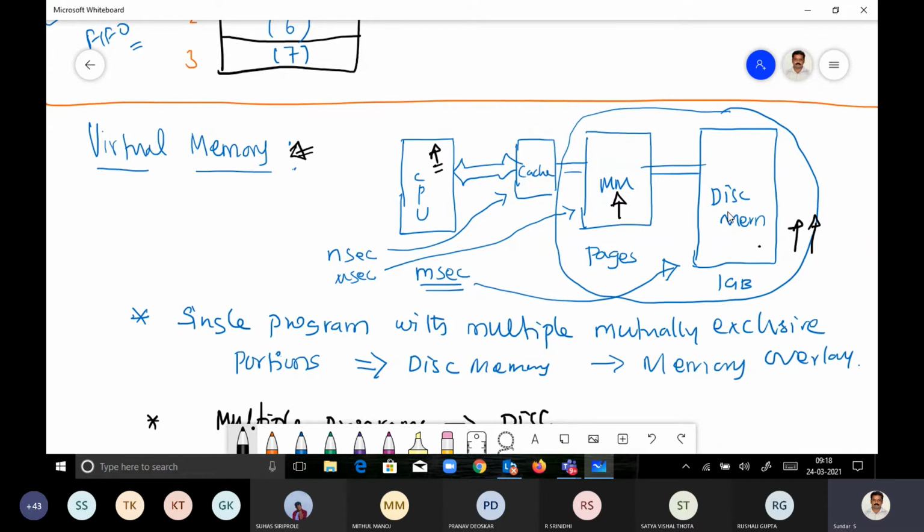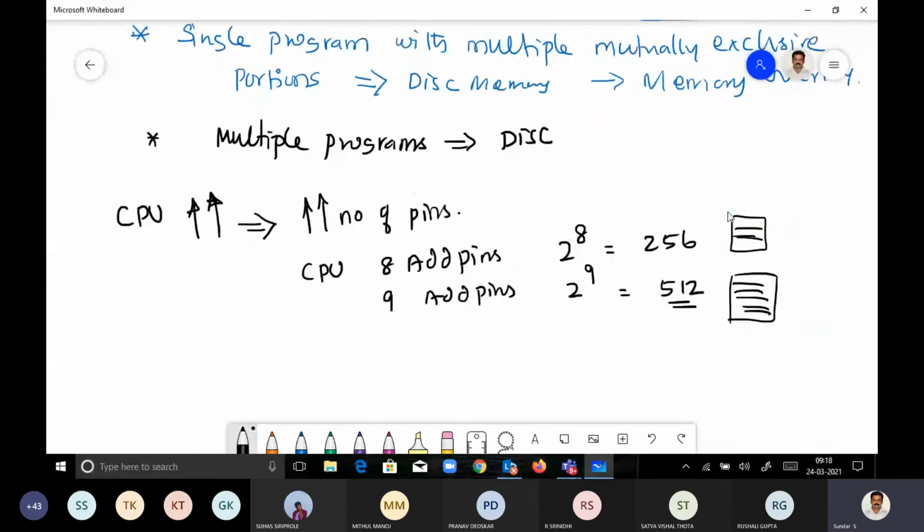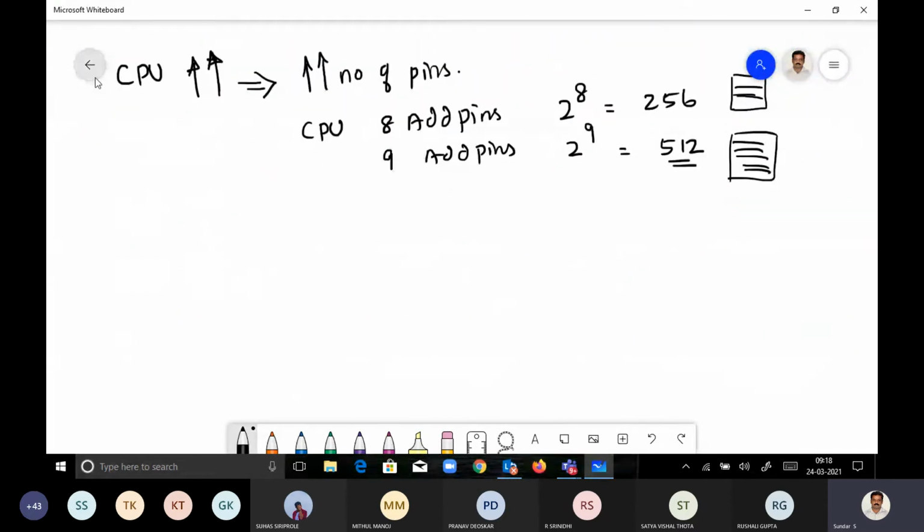Yes. Now let us go to the discussion. So the point is that the number of pins, I mean address pins. There are other pins also added, but we are only bothered about address pins.